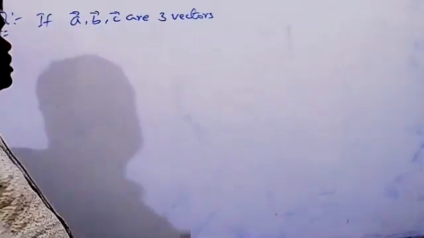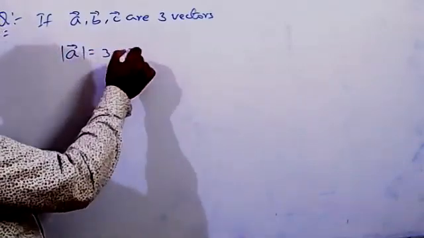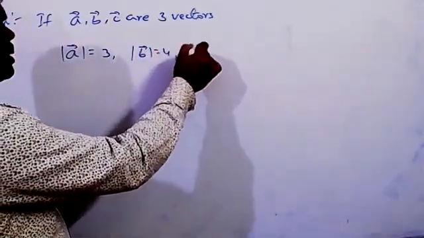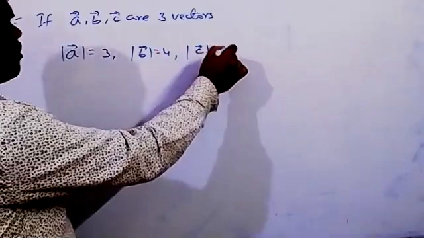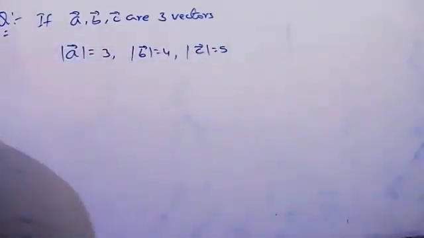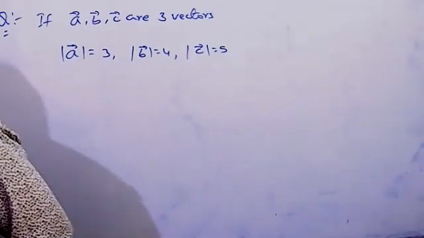With magnitudes, it means the magnitude of A is equal to 3, the magnitude of B is equal to 4, the magnitude of C is equal to 5.